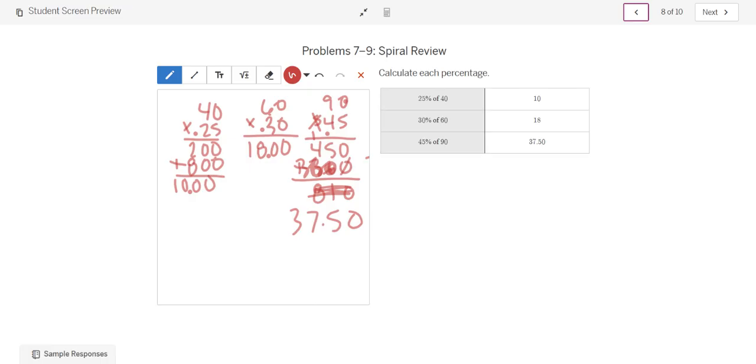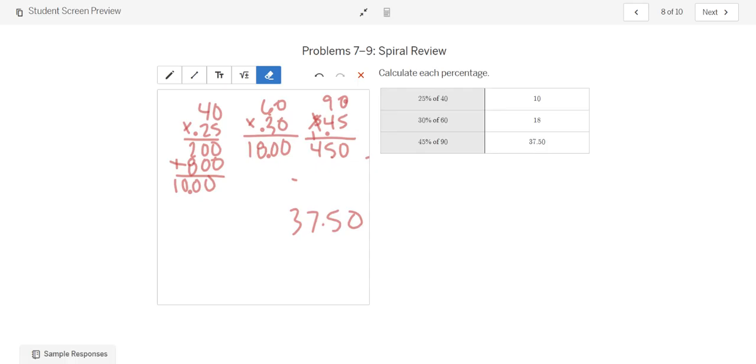Oh no, I think that's right. But let me check. 0.25 times 40 is definitely 10. 0.30 times 60 is definitely 18. 0.45 times 90.